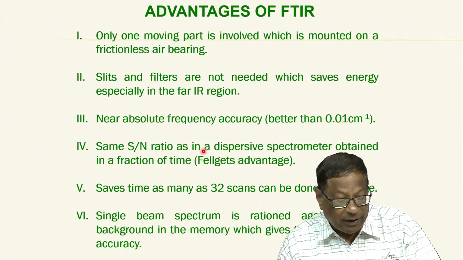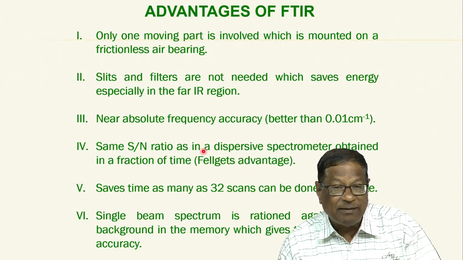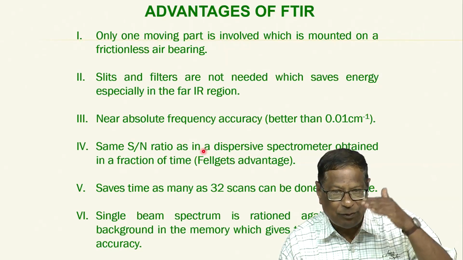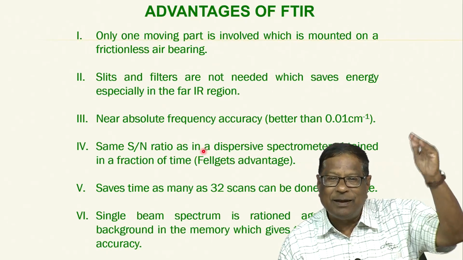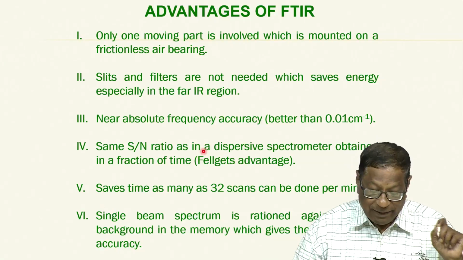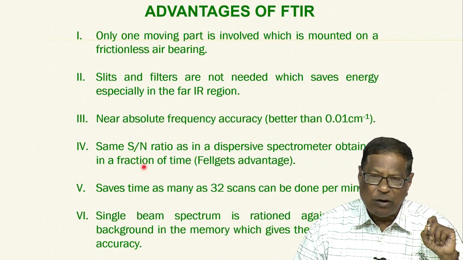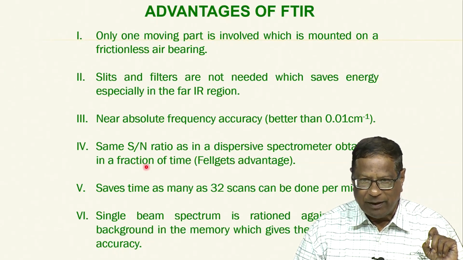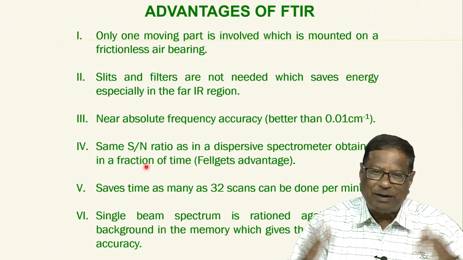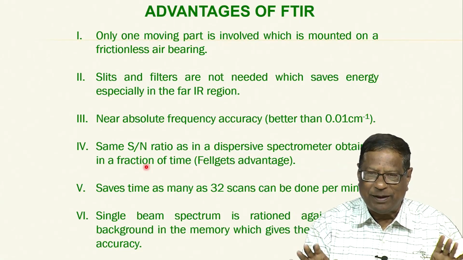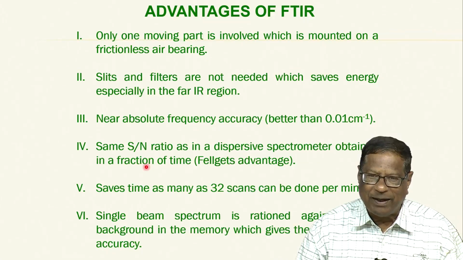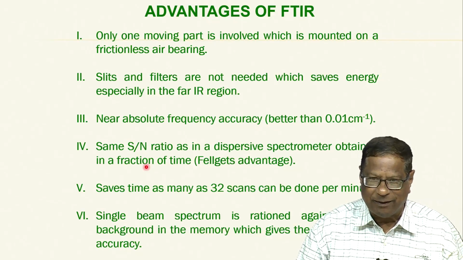So, the signal to noise ratio should be as high as possible. That means noise should be as low as possible, signal should be as high as possible. This is obtained in a small fraction of the time. That means the noise does not vary much, it is already obtained and already subtracted and taken care of, factored.